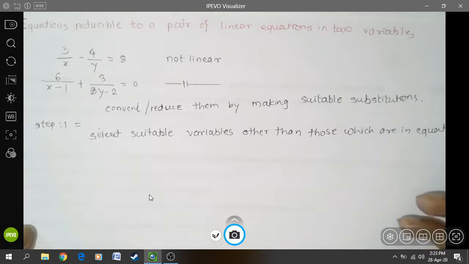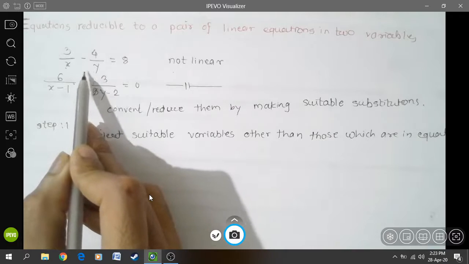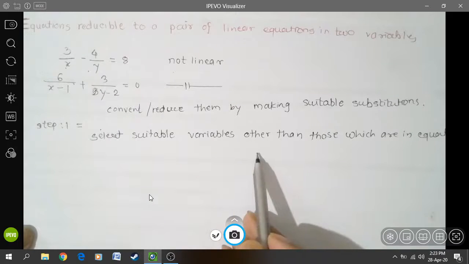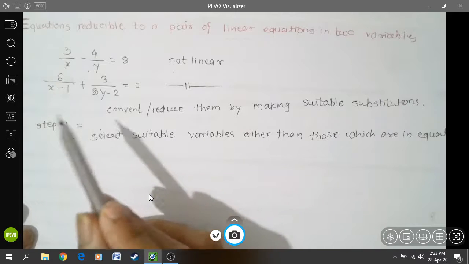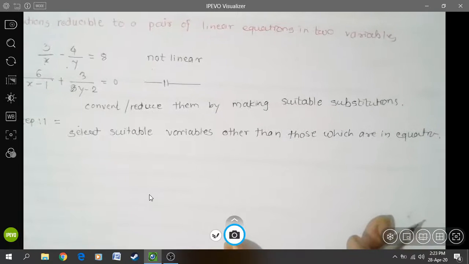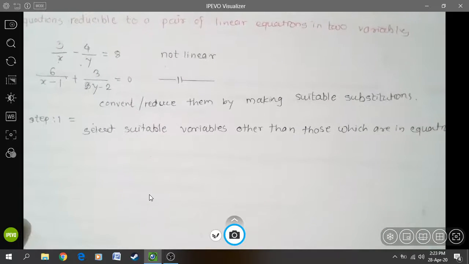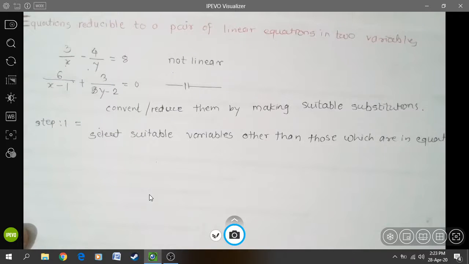Means the equations containing x and y will be replaced by other variables like a and b. But you should not take the same variables to replace them. You should select other variables.